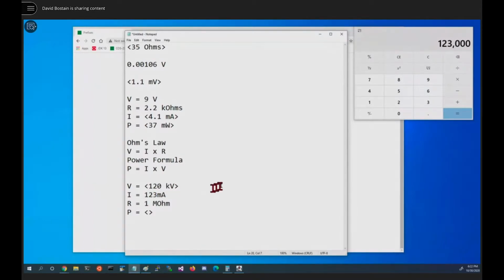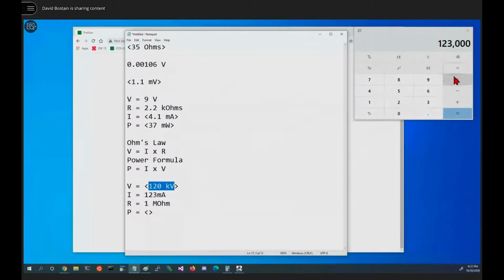For wattage, we would take our current and multiply it times the voltage. So I use the voltage I calculated, not the one that I put in the answer block. If I have to recalculate something, I'll use the one in the answer block. As long as I'm chaining equations together, I keep using the numbers that have significance.